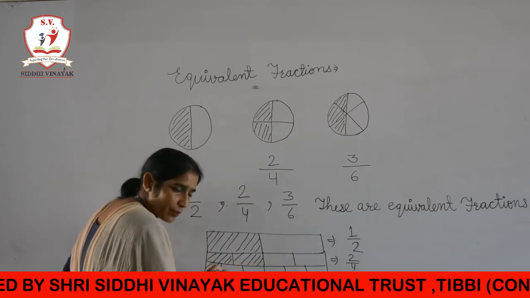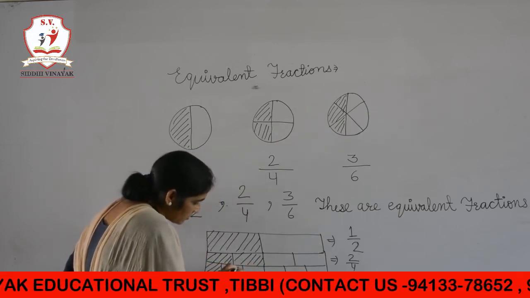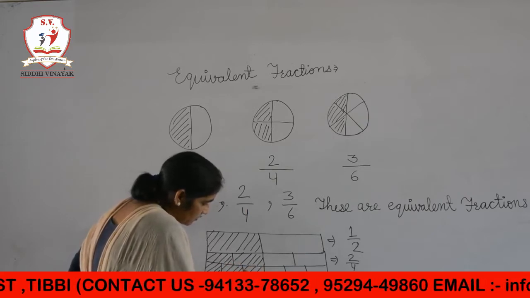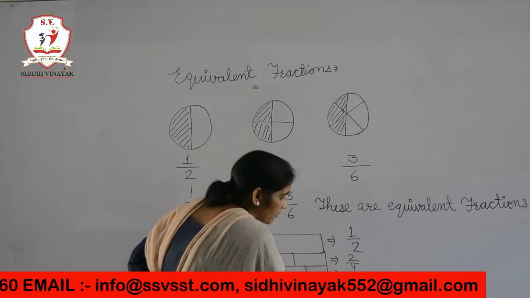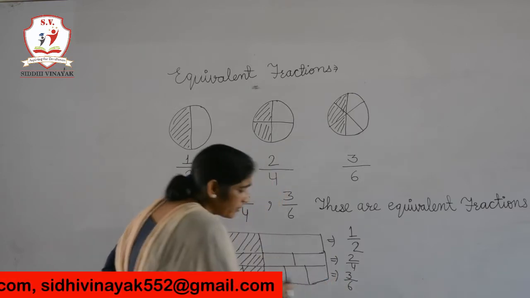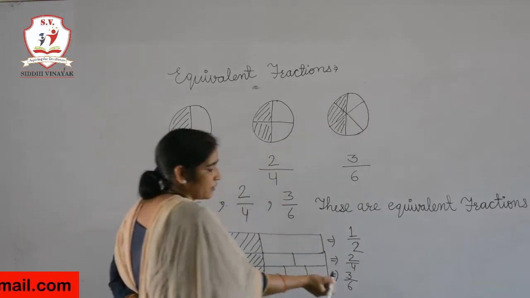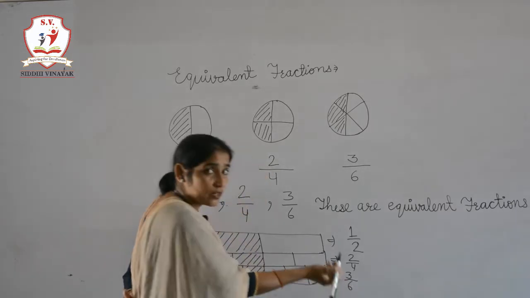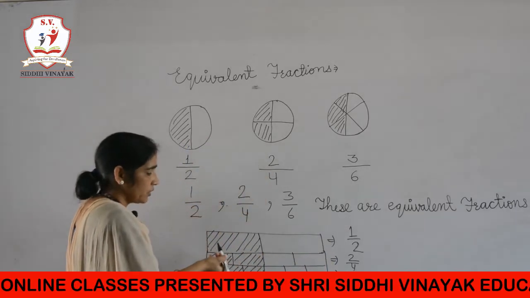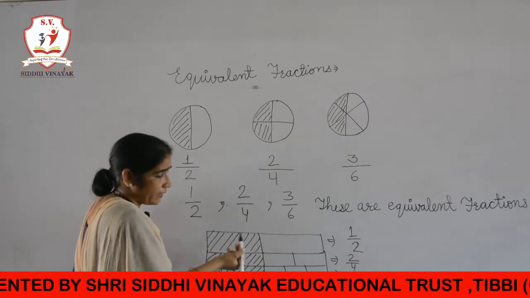We shaded 3 parts. Total parts are 6. Shaded parts are 3. 3 is our numerator, 6 is our denominator. So these are equivalent fractions.